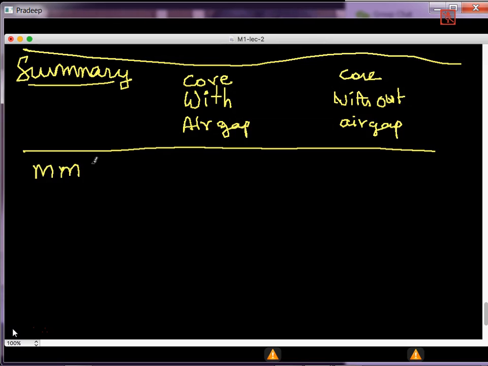Magnetomotive force. So this is denoted by F. So here it is 1000, and here also it is 1000 ampere turns. So the magnetomotive force is exactly same.